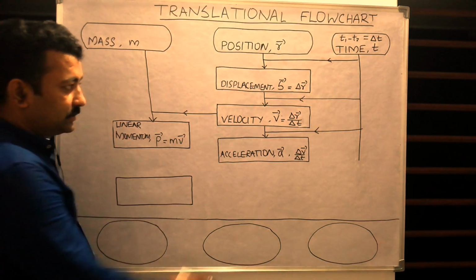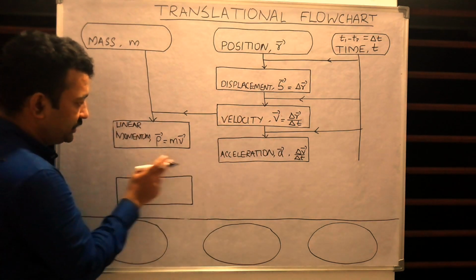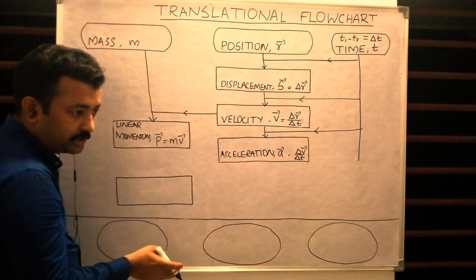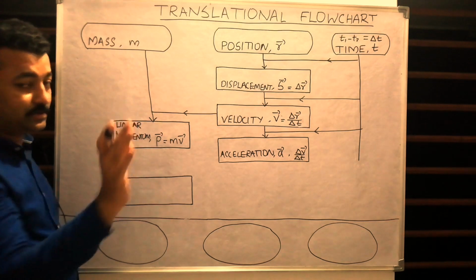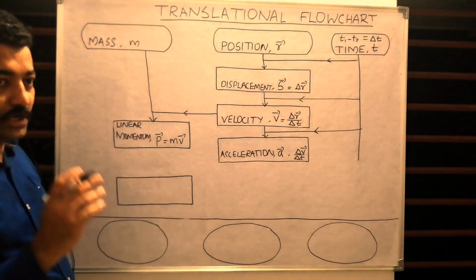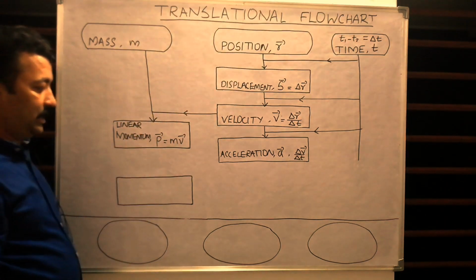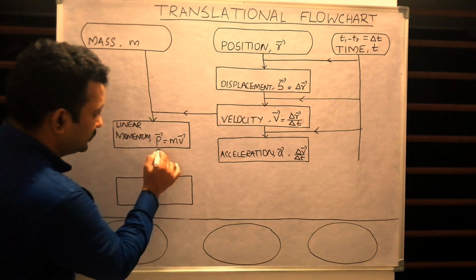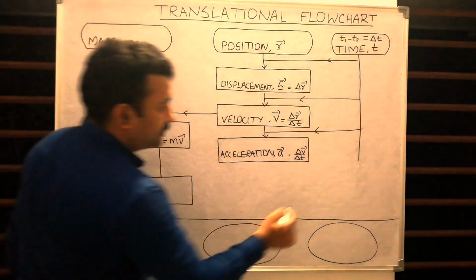And we have seen that the velocity was changing. If the velocity is changing, the momentum of the particle also will be changing, because in all classical problems we are treating the mass as constant. So if the momentum is changing with time, I can connect the momentum line with the time line.